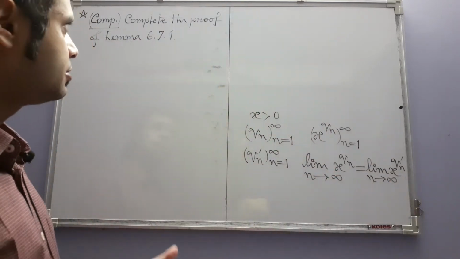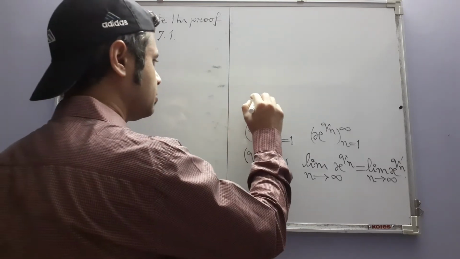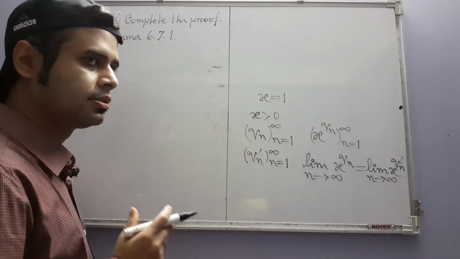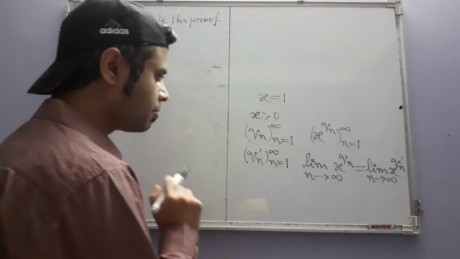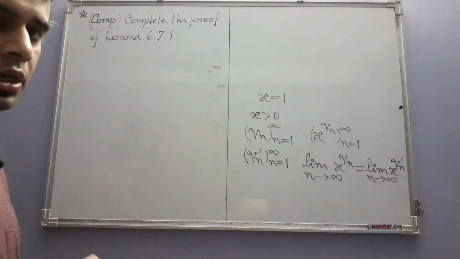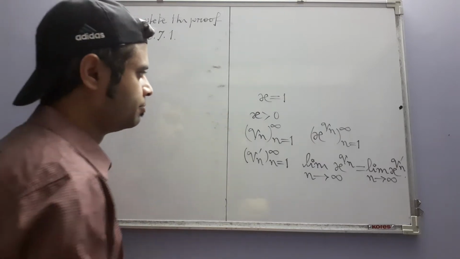Now, we have already seen the proof of this lemma. We mentioned that the case x equal to 1 is trivial, because in that case this sequence will be the constant sequence one, and we have already seen that the conclusions are true.